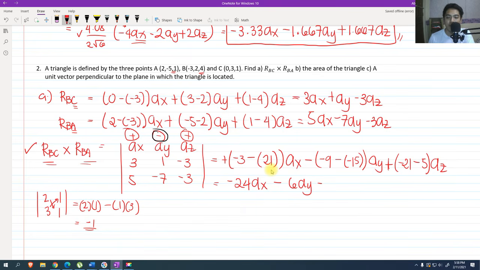So that should become 26... negative 26 A sub z. So this is now the cross product of the two vectors. So take note of the sign conventions when we are doing the cross product. So that's how we do it.